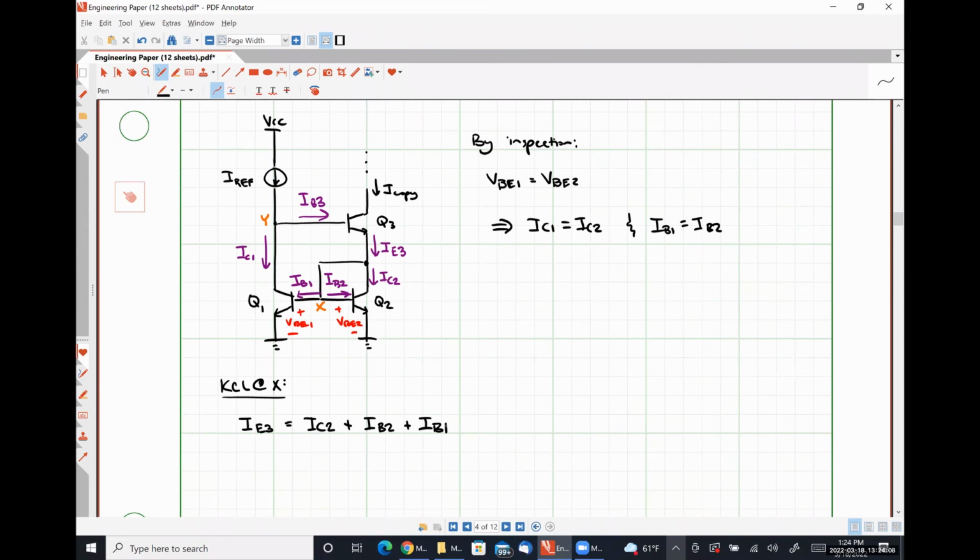We know that IB1 and IB2 are equal, and we know that IC2 can be expressed in terms of IC1 because they're equal. And so what I'm going to do here is manipulate the left-hand side. I'm simply going to relate this current IE3 to our output current I copy by saying IE3 is the emitter current. So it is just beta plus 1 over beta times I copy.